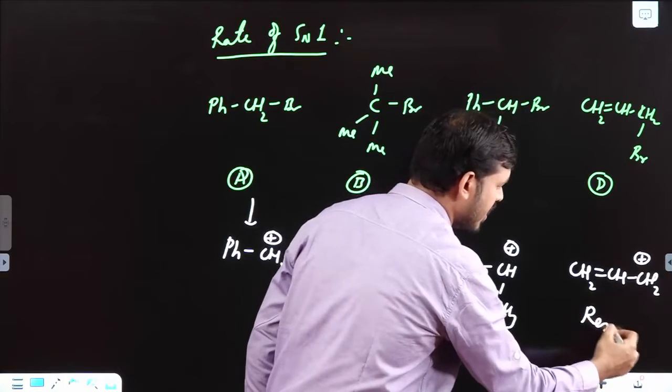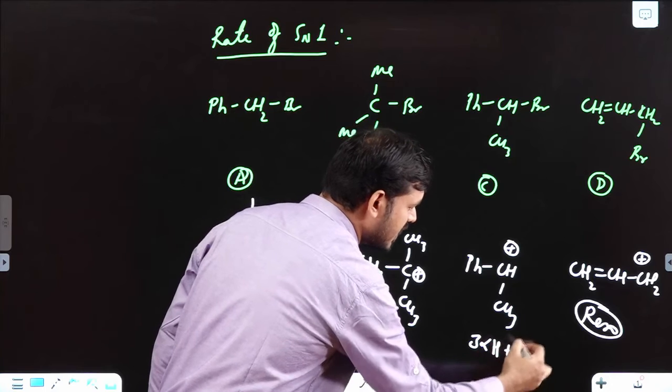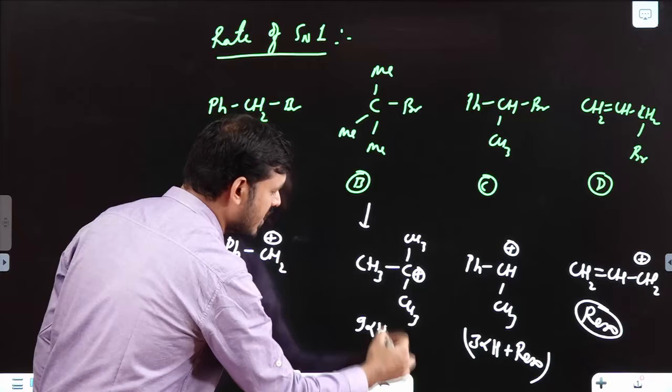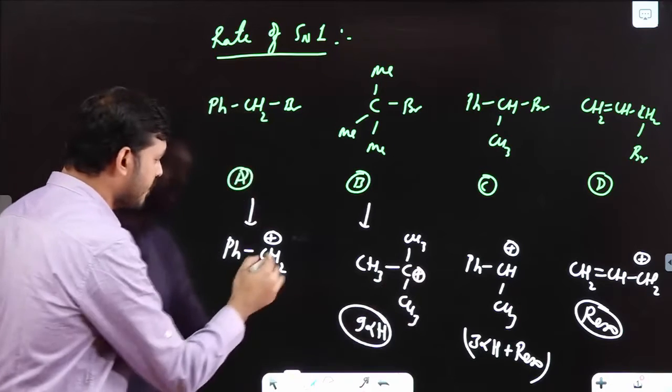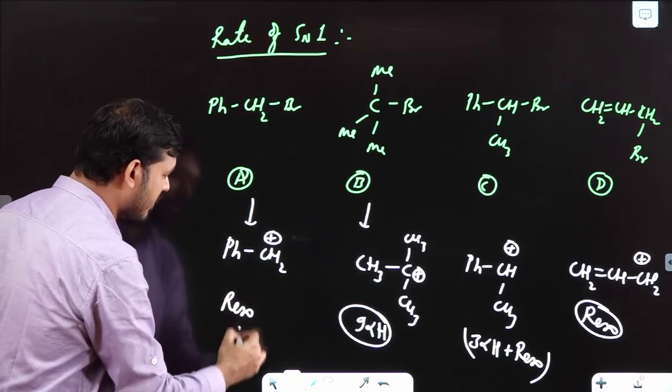Here you have resonance stabilization. Here you have 3 alpha H plus resonance stabilization. Here you have 9 alpha H. It is tertiary butyl, and here it is benzyl carbocation. It is having resonance structures.